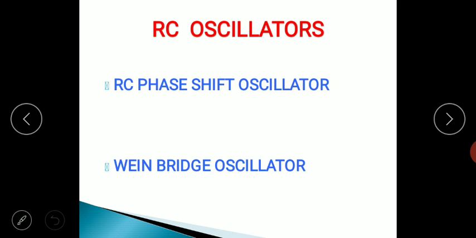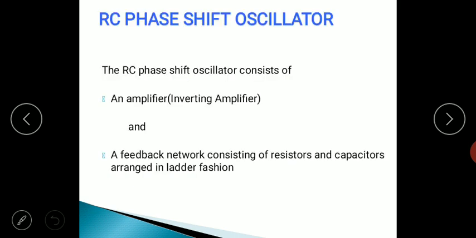As the name itself indicates, RC phase shift oscillator. Basically, an amplifier can be converted into an oscillator when the total loop gain A beta becomes unity and there exists positive feedback.